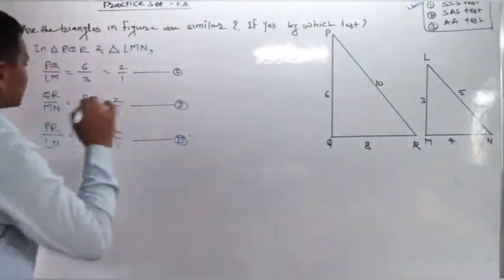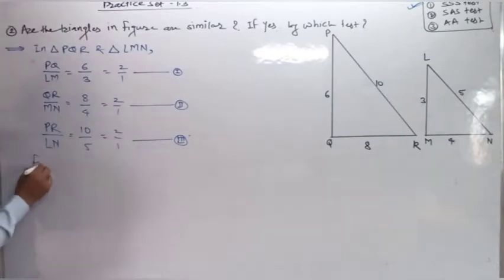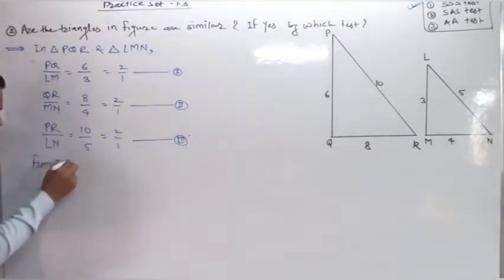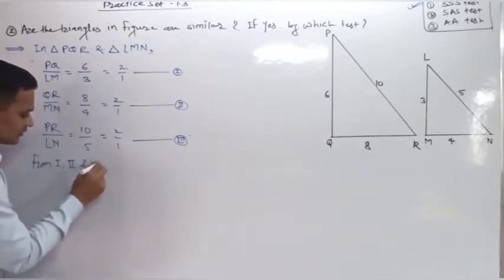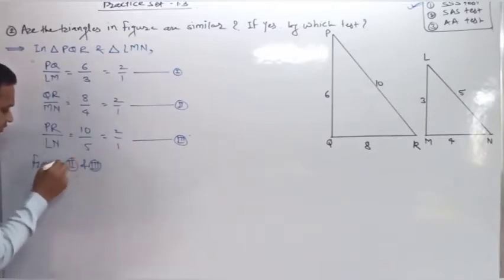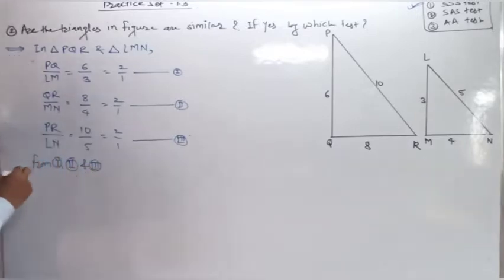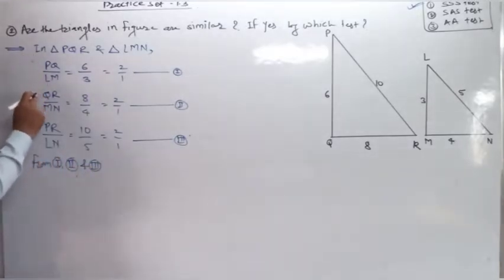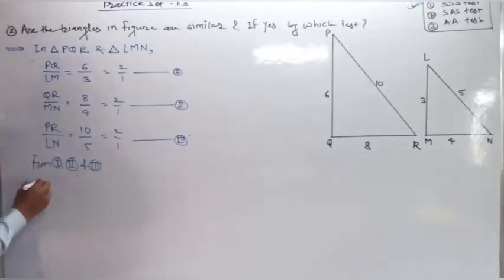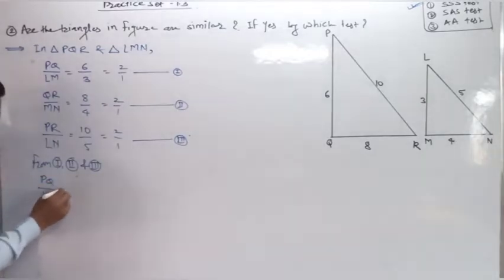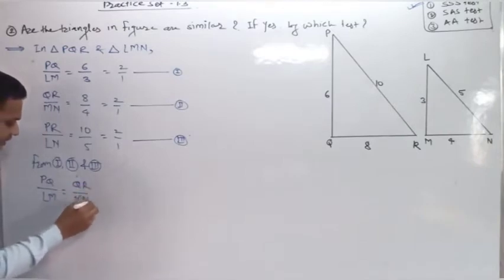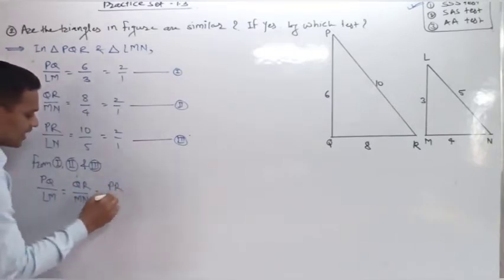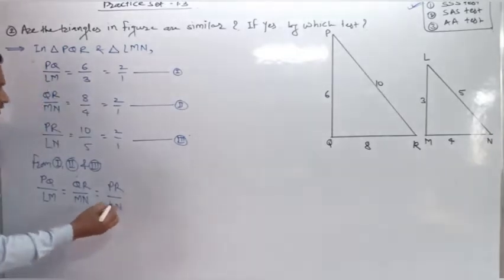Now from first, second and third, we say that PQ by LM is equal to QR by MN is equal to PR by LN. PQ divided by LM equal to QR divided by MN equal to PR divided by LN, right?